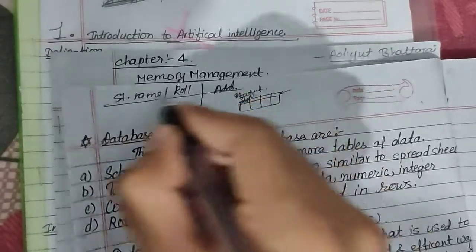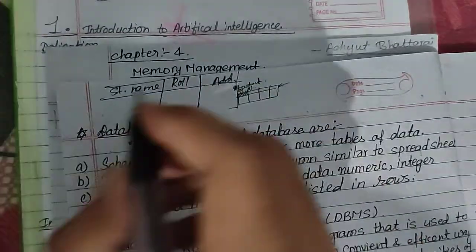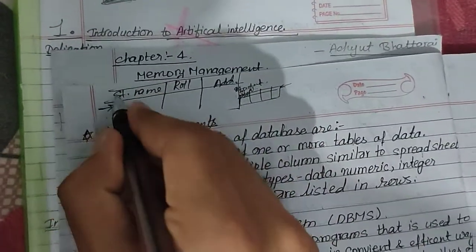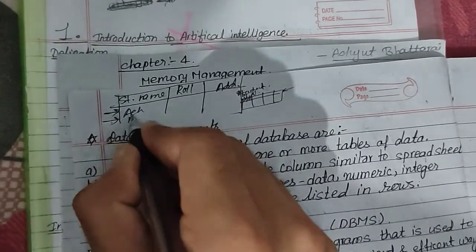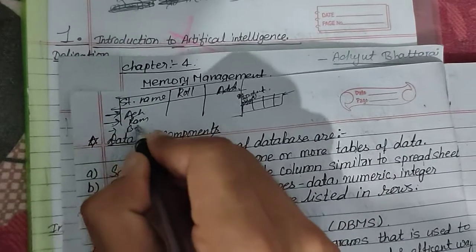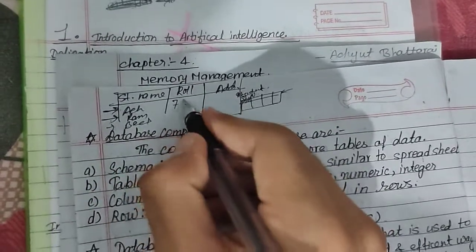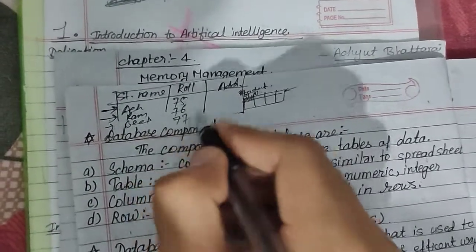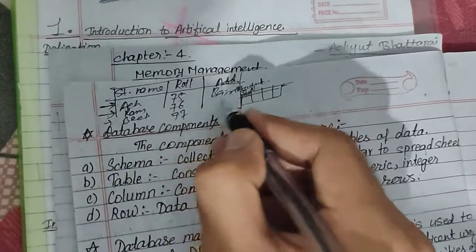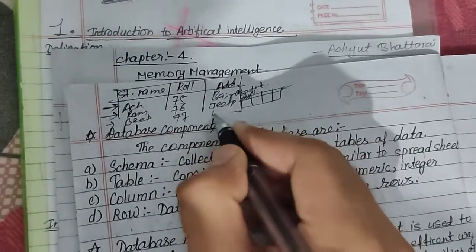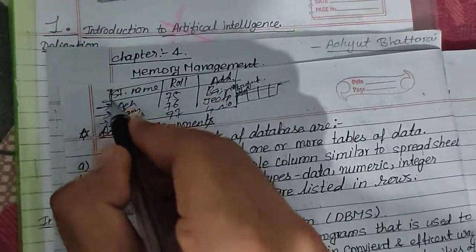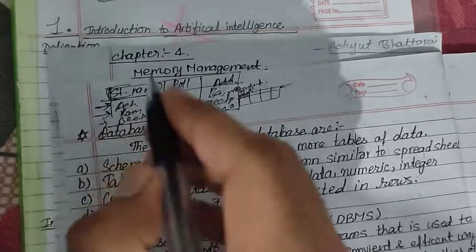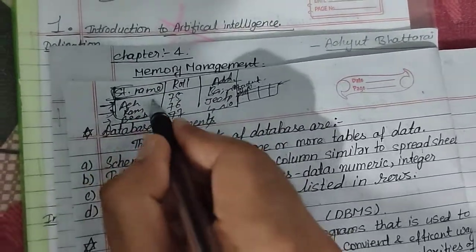Address may be the column, which is the database heading, and the row indicates the data. Student's name may be Achyut Bahadur Bidan, roll number 75, 76, 77, and Bairia, Jitpur, 4 number may be the address. Here, the column denotes the database header or the title, and the row specifies the data.